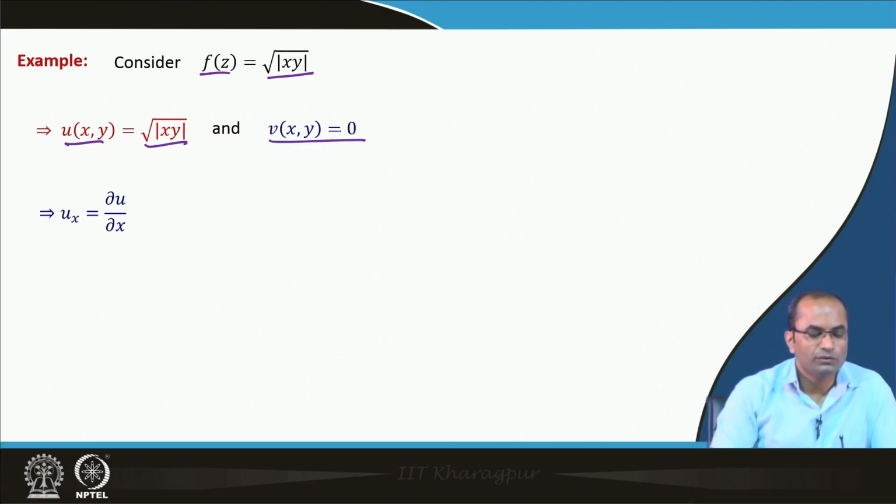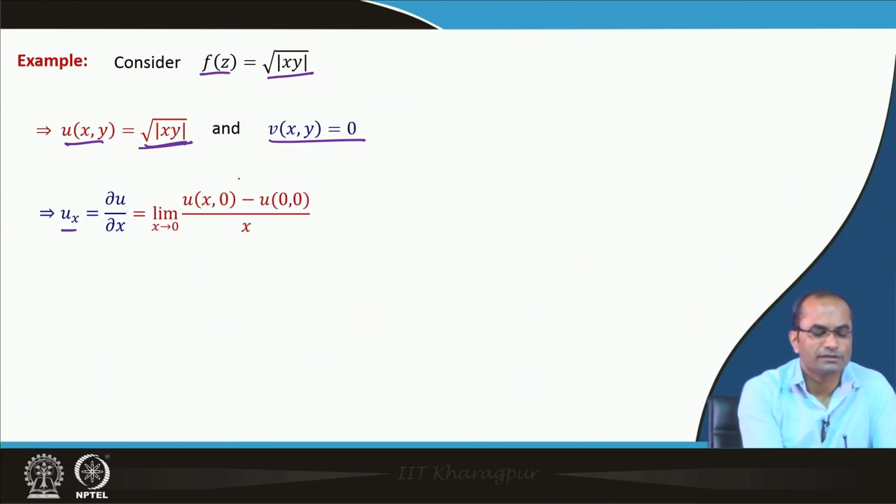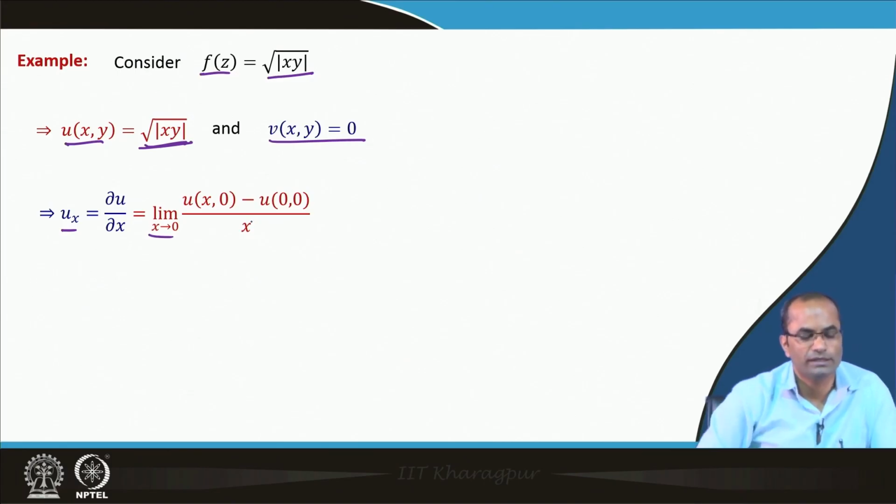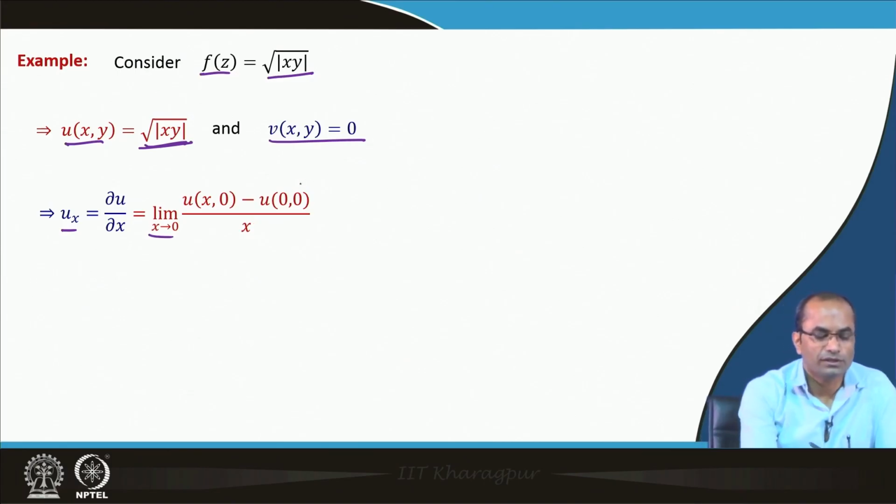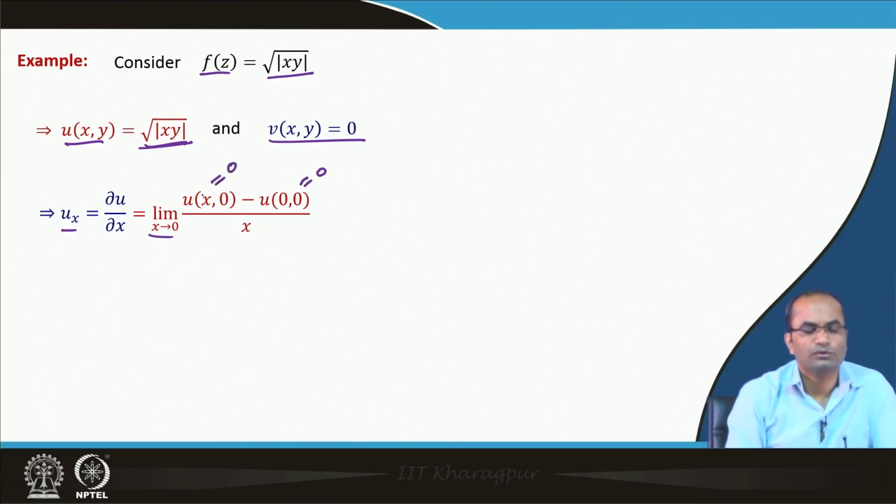So, we can get u_x, the partial derivative with respect to x of this given function. We can apply the fundamental definition, because this will be easier. So, the limit as x goes to 0 of u(x,0) minus u(0,0) divided by x. Here u(0,0) will be 0 and, since y is 0 and the product is there in u, this is going to be also 0.